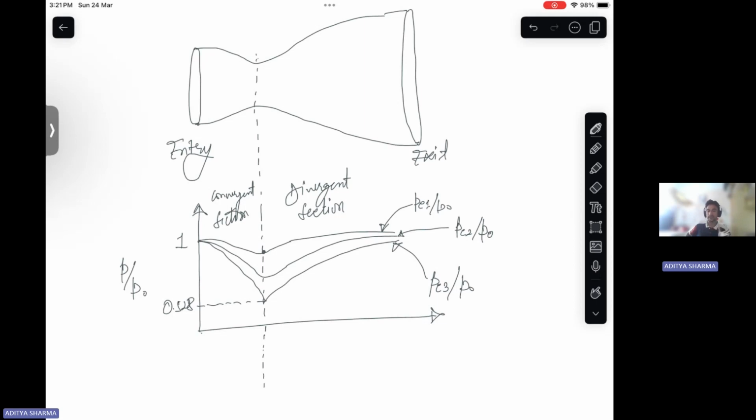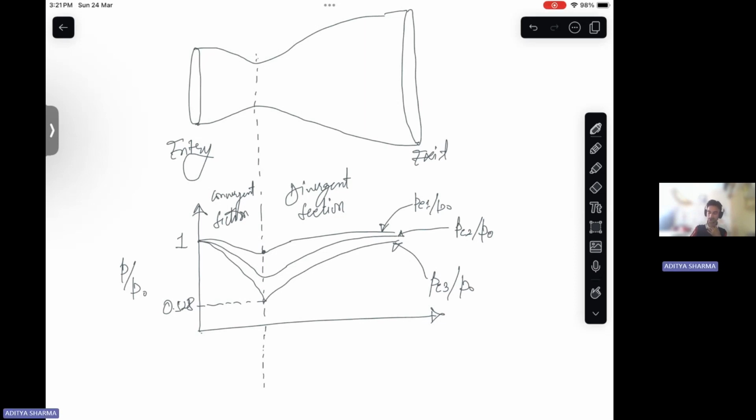But if the exit pressure is not sufficient, then the flow doesn't choke. As the exit pressure is decreased, there comes a point when the flow in the throat starts to choke. Even if the exit pressure is reduced further, the flow will remain choked in that nozzle, right?